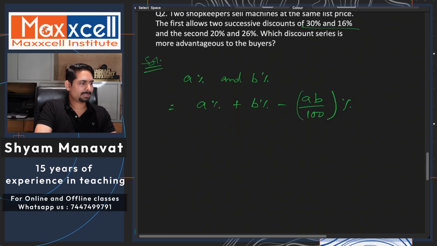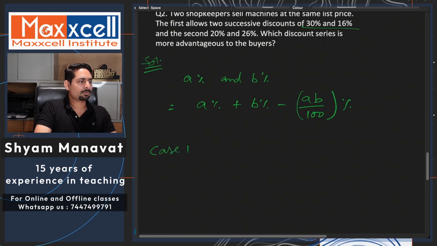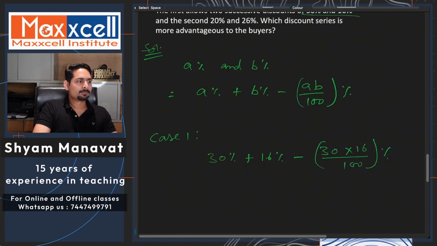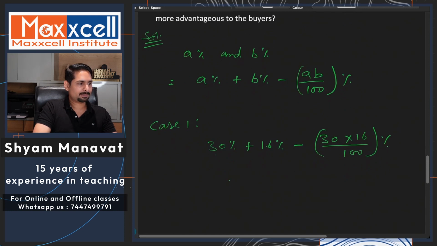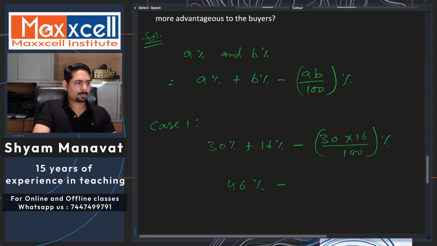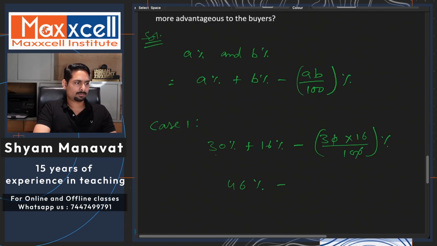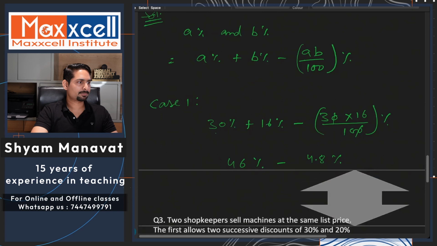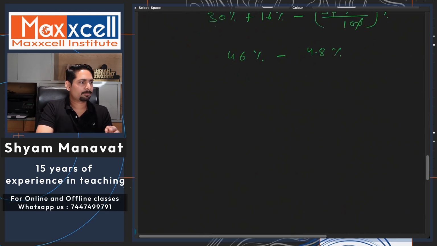So in case 1, you have 30% plus 16% minus 30 into 16 by 100, with another percentage sign. This gives 46. What do we subtract from this? 30 into 16 is 480, so cancel the zero, divide by 10, and we get 4.8%. Subtract 4.8 from 46.